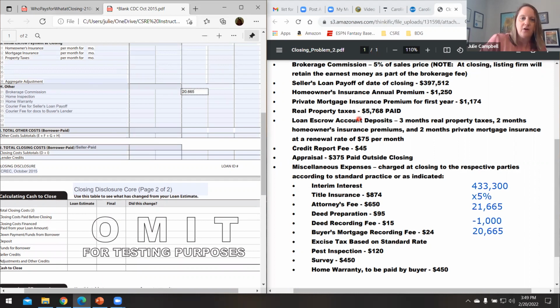They're going to pay the firm $20,665 because that's how much commission check you're going to pick up when it's over. That's how much the third party is getting from the seller at settlement. So the commission amount minus the earnest money will be the amount on H, seller paid at settlement.